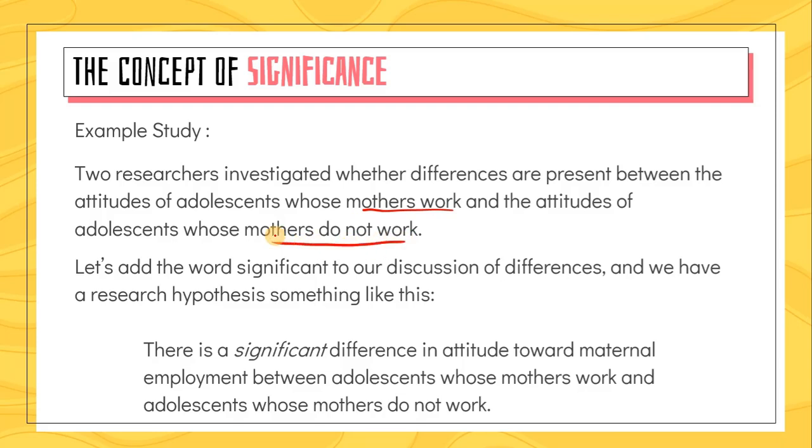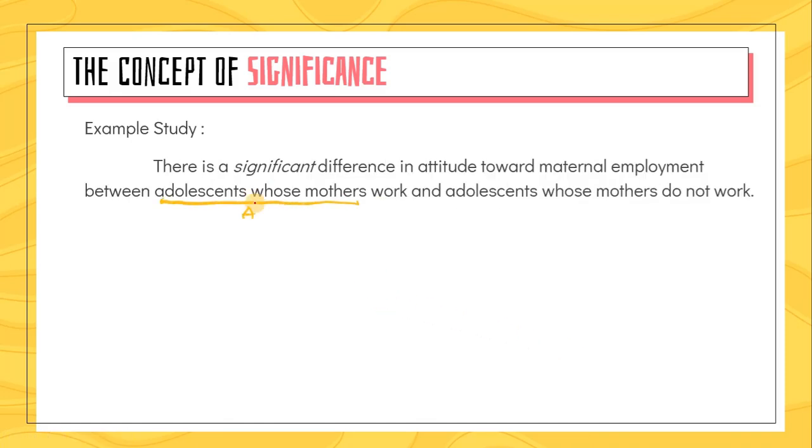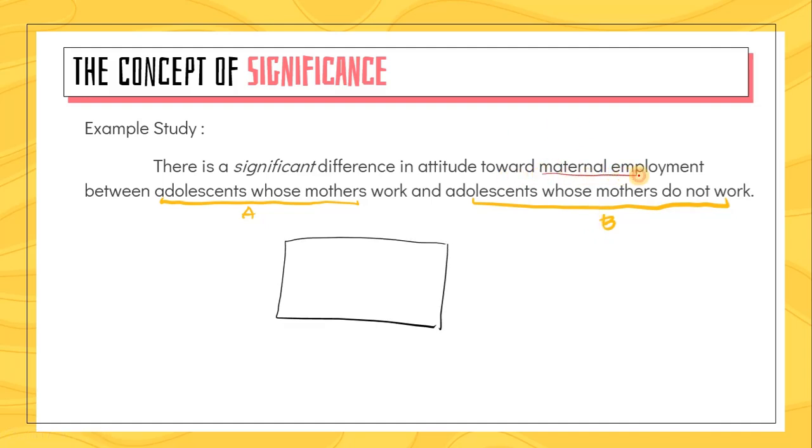So let's add the word significant to our discussion of differences, and we have a research hypothesis that's something like this: there is a significant difference in attitude towards maternal employment between adolescents whose mothers work and adolescents whose mothers do not work. So the attitude towards this concept.